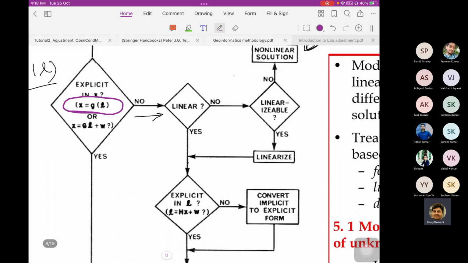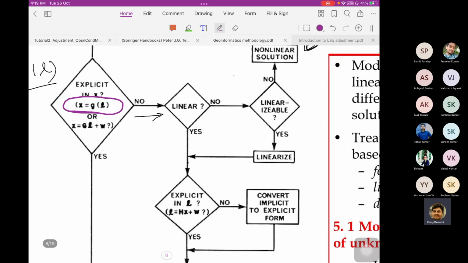You have written that sine alpha is equal to H upon D. The H would be D sine alpha. That's it. D is your observation. Sine alpha is your observation.